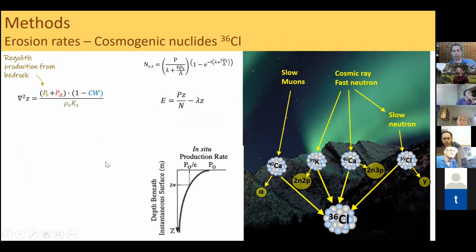Cosmogenic nuclides. It's a chemical method that practically revolutionized the field of geomorphology. Today it is almost the only way to give us rates of long-term processes in geology and geomorphology. To be very, very brief, cosmogenic nuclides are usually unstable isotopes, could be stable, that you don't find naturally.